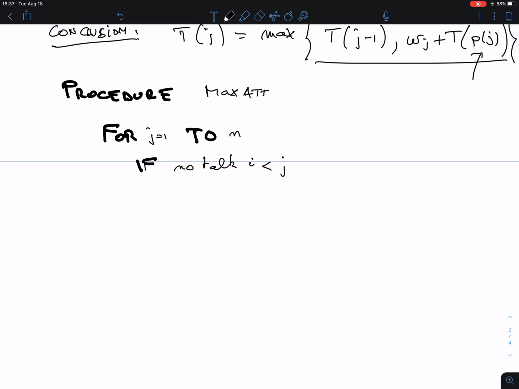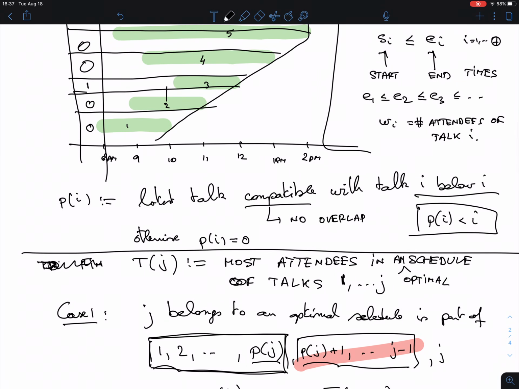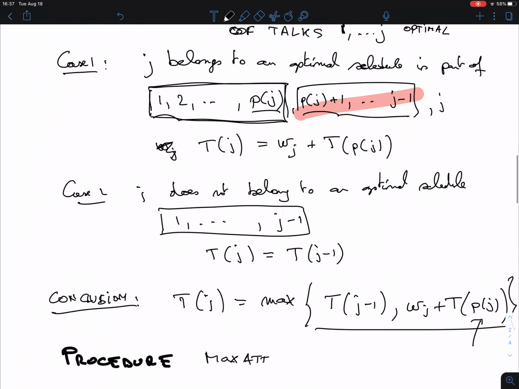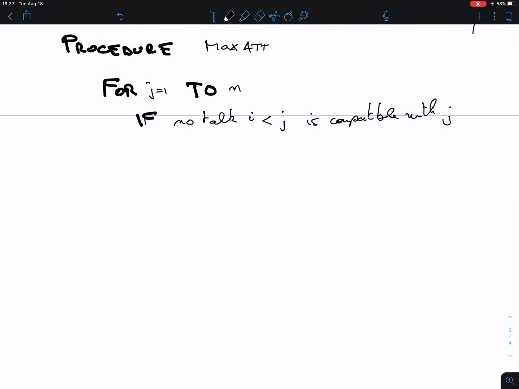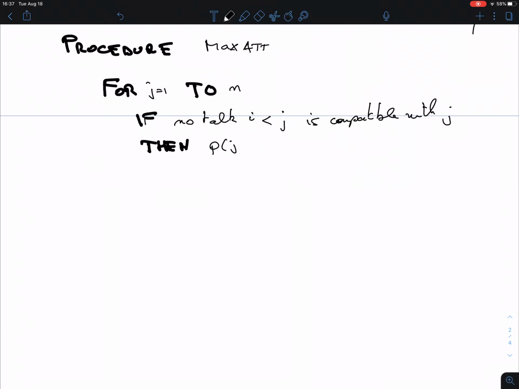Then, remember, there was this case where we had zero values. If there's nothing, we say it's 0. So pj, we put equal to 0.